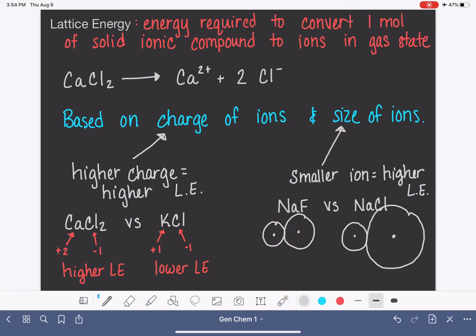So the smaller size helps these two nuclei get closer together, and that helps hold the ions together with a greater force. So because this is smaller and the chlorine is larger, we know that the NaF will have the higher lattice energy and the sodium chloride will have the lower lattice energy of the two.